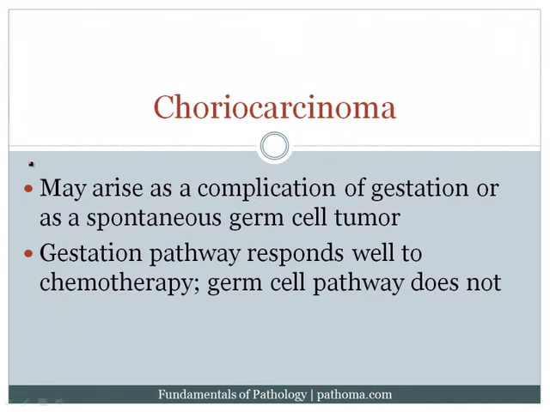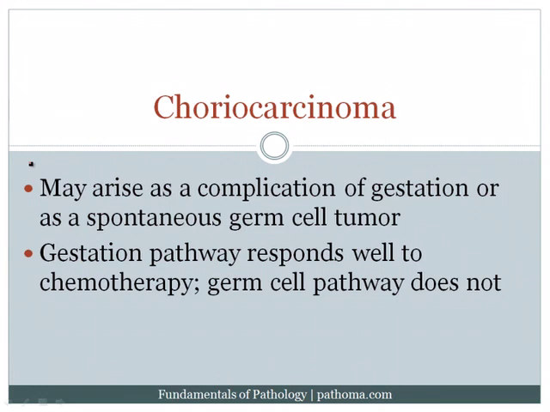Now, how do examiners go after this? The way they test this is the fact that the gestational pathway, for example, after a mole, responds well to chemotherapy. But remember I told you that the germ cell pathway does not. This is the way examiners will go after this because it ensures that you understand that choriocarcinoma is kind of two flavors. When choriocarcinoma arises as a spontaneous germ cell tumor, it will not respond well to chemotherapy classically.